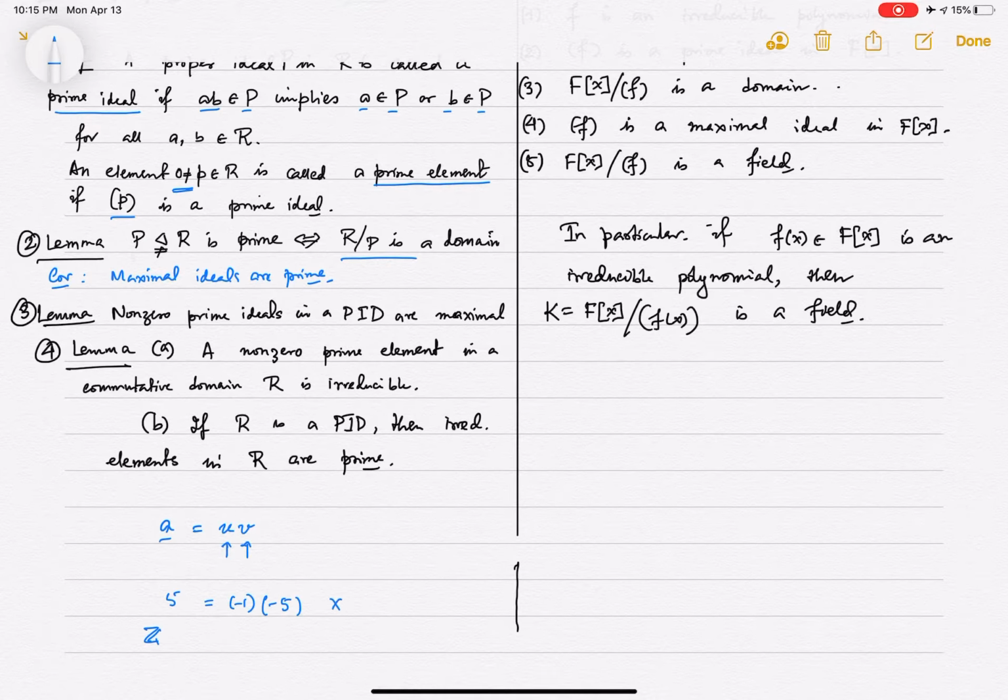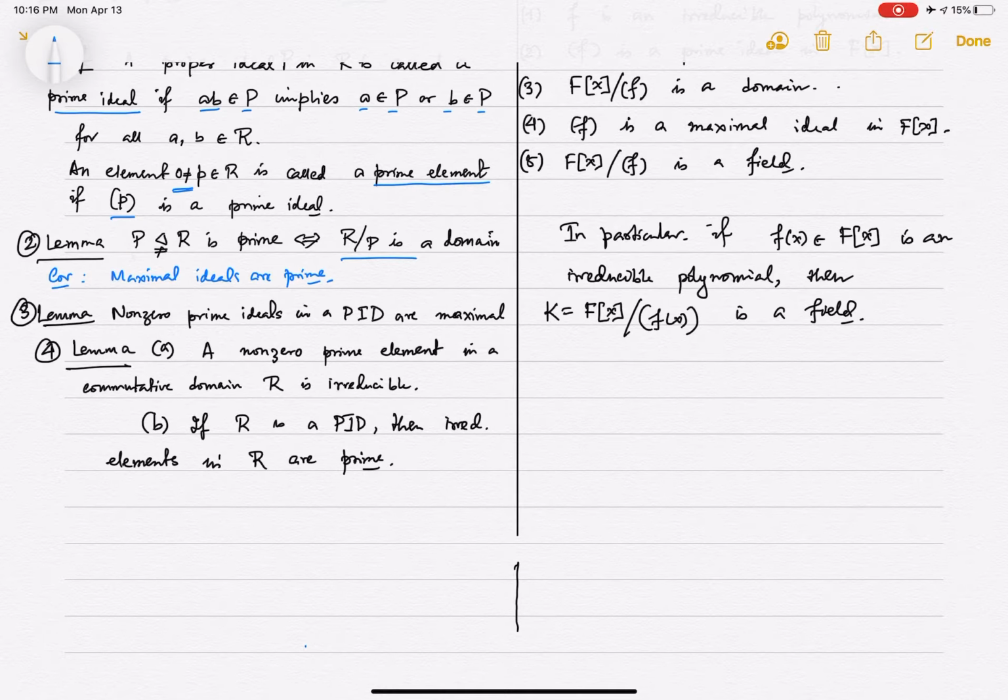That's not really counted as a factorization. Whereas 6 is not, because there is a proper factorization of it into two non-units, 2 and 3. And this lemma here says that prime elements in any commutative domain are always irreducible, and you also have a converse when you are in a PID.